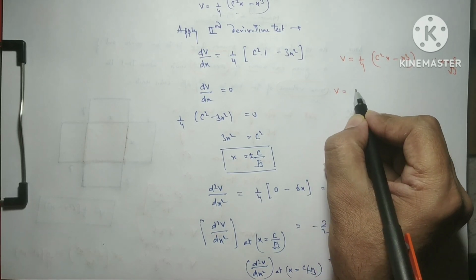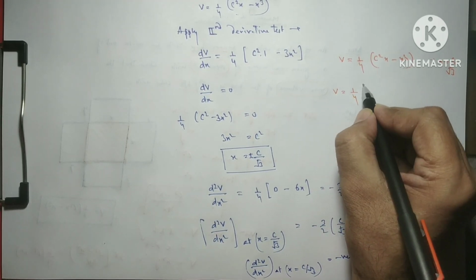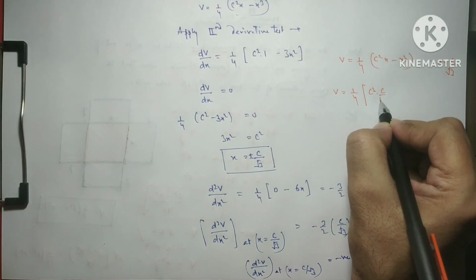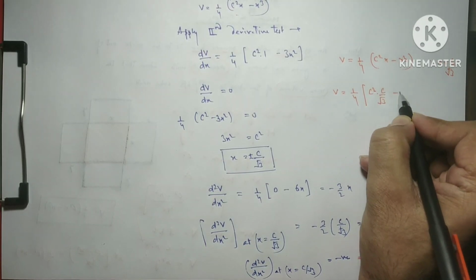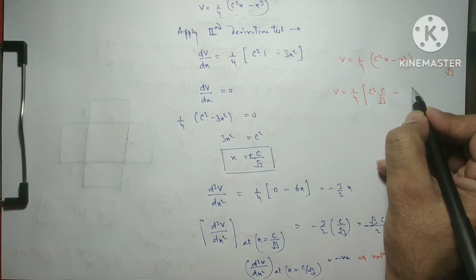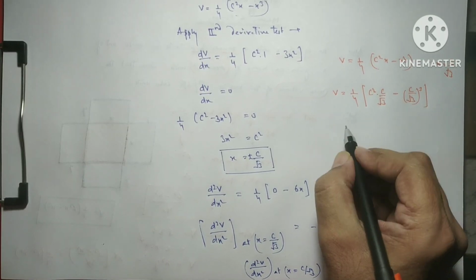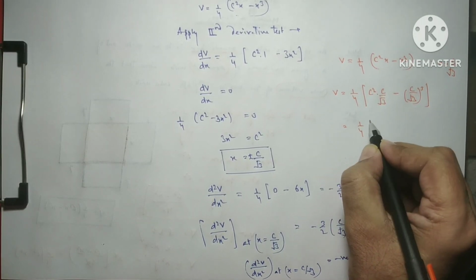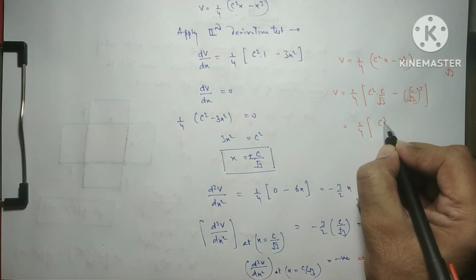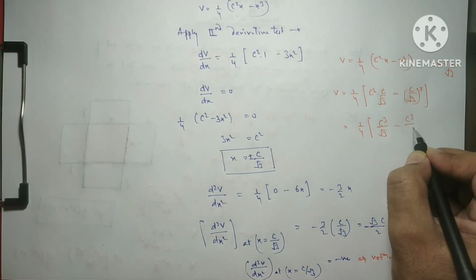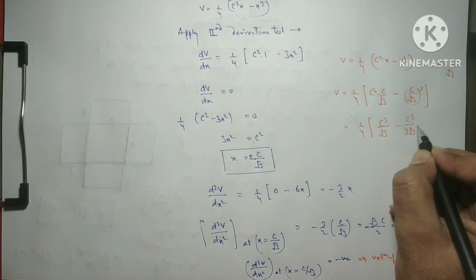Volume of the box is 1 by 4 c square into c by root 3 minus c over root 3 cube. So it is c cube over root 3 minus c cube over 3 root 3.